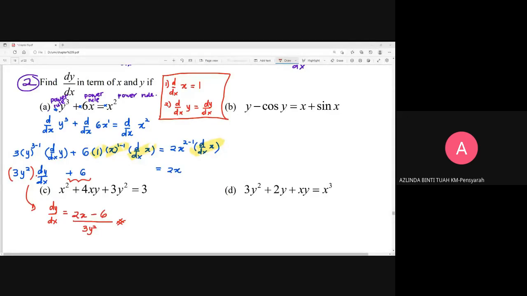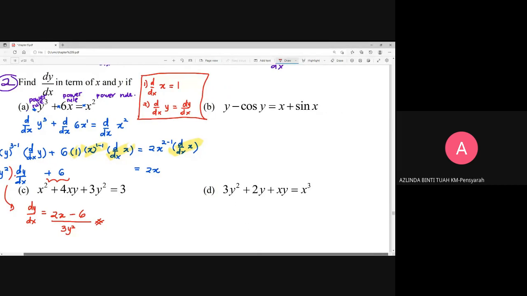Okay. So kalau okay, kita terus proceed ke example yang seterusnya. Hopefully you can see better picture of the implicit differentiation. Okay, example yang seterusnya, we have y minus cos y equals x plus sin x. Jadi kamu kena recall balik apakah proses-proses untuk differentiate each term dekat sini.